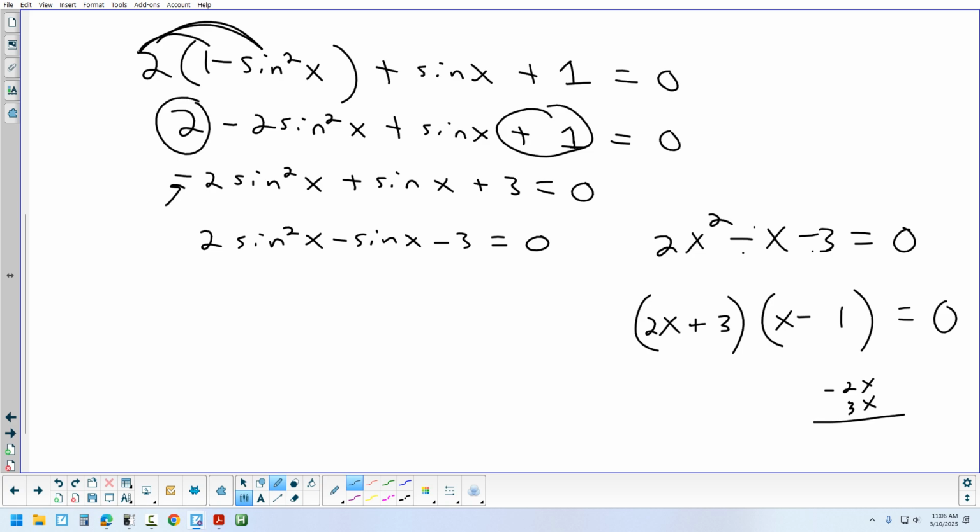Positive 1x. No, we want negative 1x. So what do we need to do? Swap the signs, not the numbers. Now you get positive 2x, take away 3x, negative 1x. Perfect.